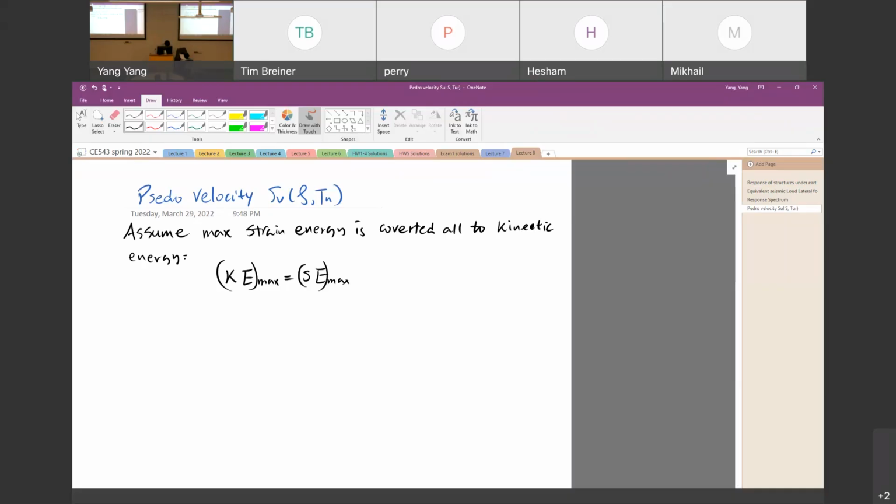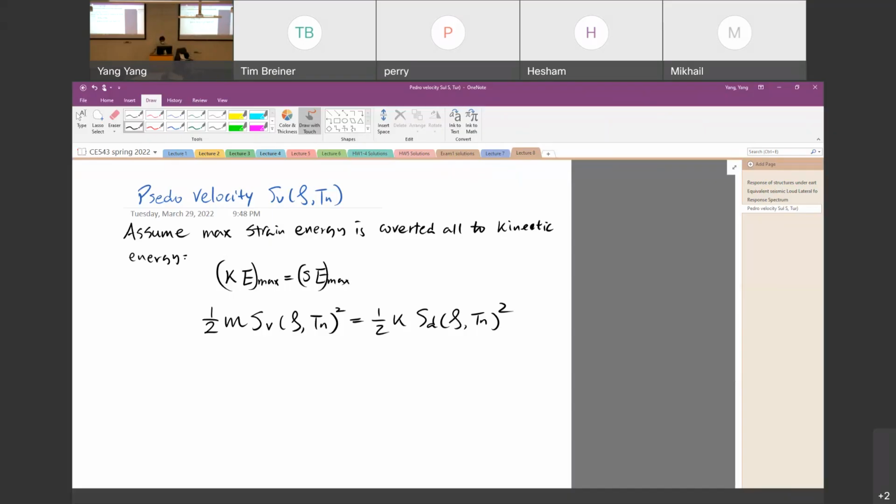So we have half times the mass times the maximum velocity squared should be equal to 1/2 times the spring constant times the maximum displacement squared.